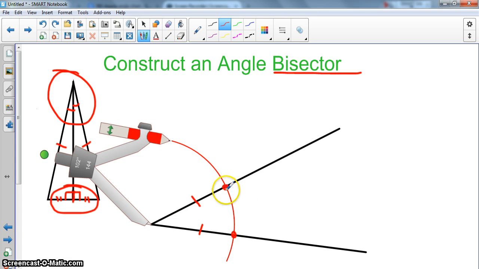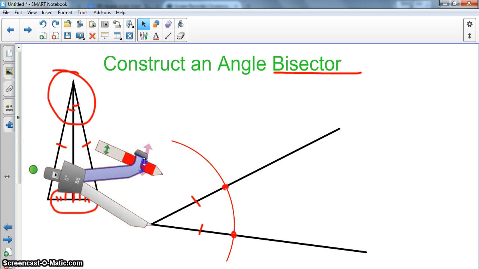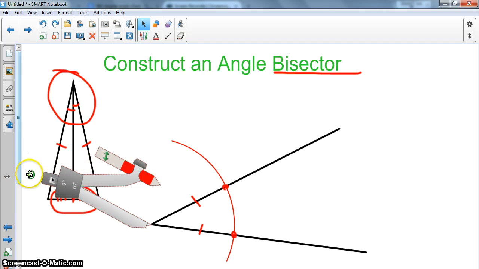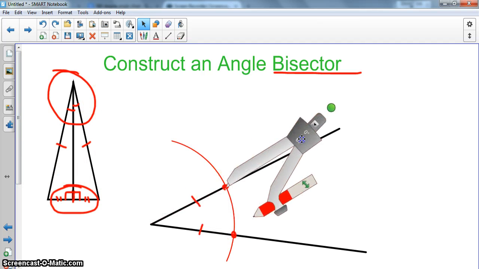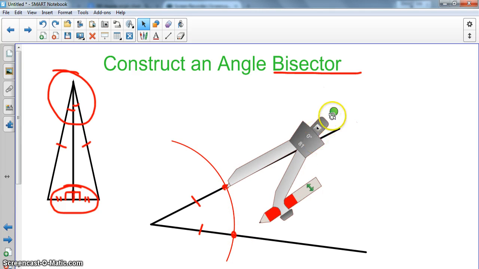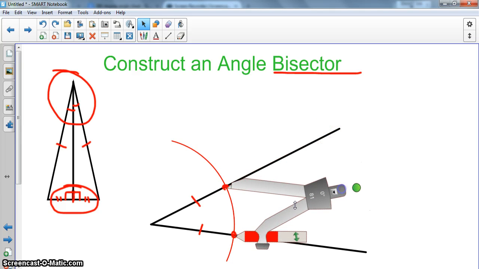We want to perpendicularly bisect the distance between these two points, or the segment between them if we drew the segment. And we should know by now how to do the perpendicular bisector construction. I'm going to put the center on one of these points and perpendicularly bisect this distance. So I'm just going to create a radius, and I could use this other point, that's fine.